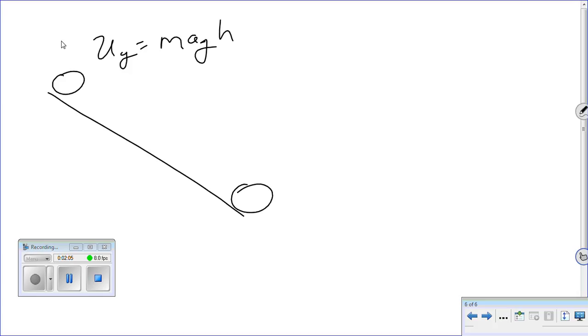Let's see if we can write an expression that kind of explains what's going on here. The idea is the mechanical energy at the top is going to equal the mechanical energy at the bottom, right? So mechanical energy at the top, that's the gravitational potential energy, mgh. Sorry.